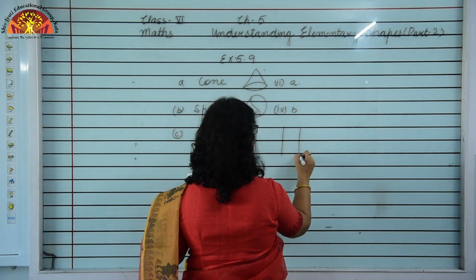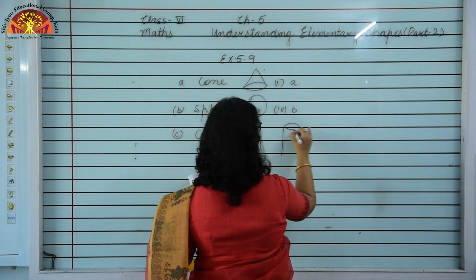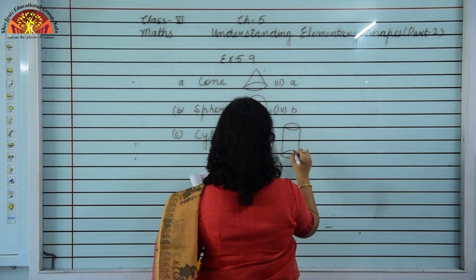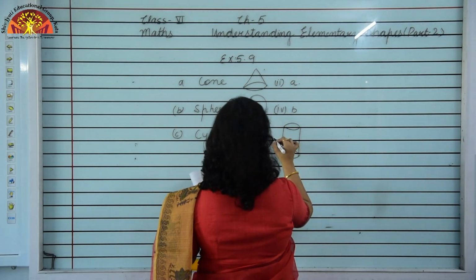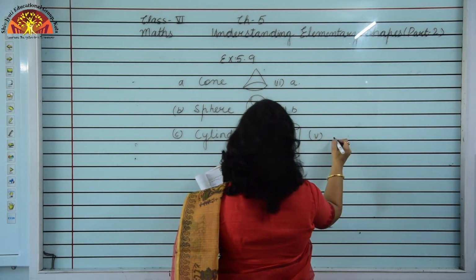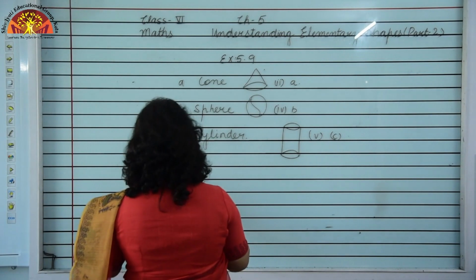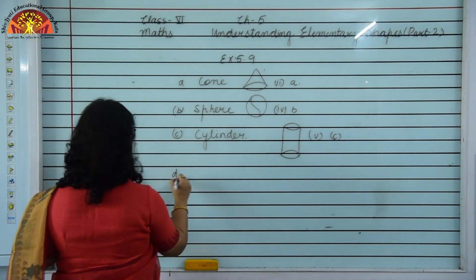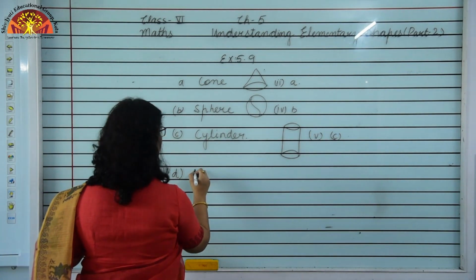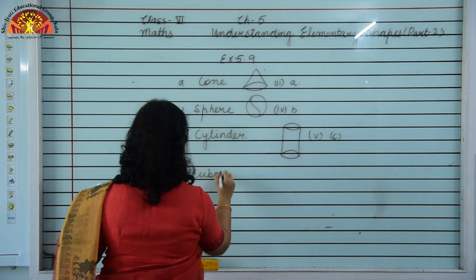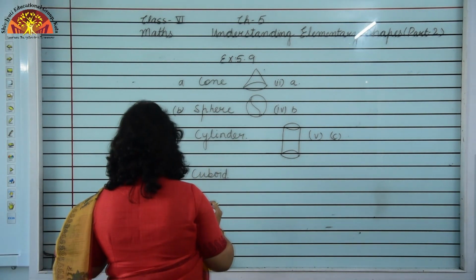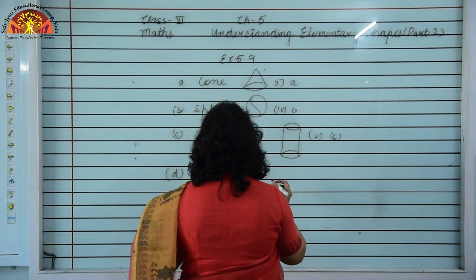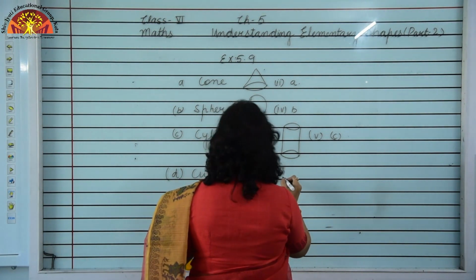This is the shape of cylinder, and this is the fifth. फिफ्थ को हम सी से मैच करेंगे. And next is D, that is cuboid. क्यूबॉइड थर्ड होगा आपका.